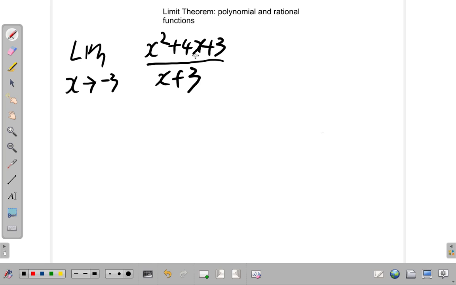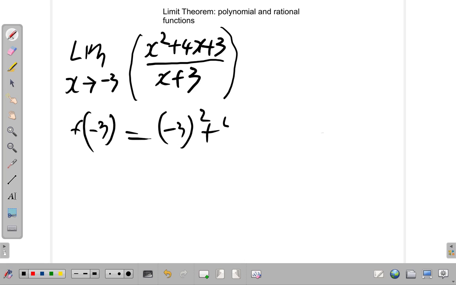Now, suppose we just go ahead and plug the value of x directly into the function as we approach negative 3, and remember the bracket, then what we're finding is f of negative 3, which is negative 3 squared plus 4 by negative 3 plus 3 divided by negative 3 plus 3.